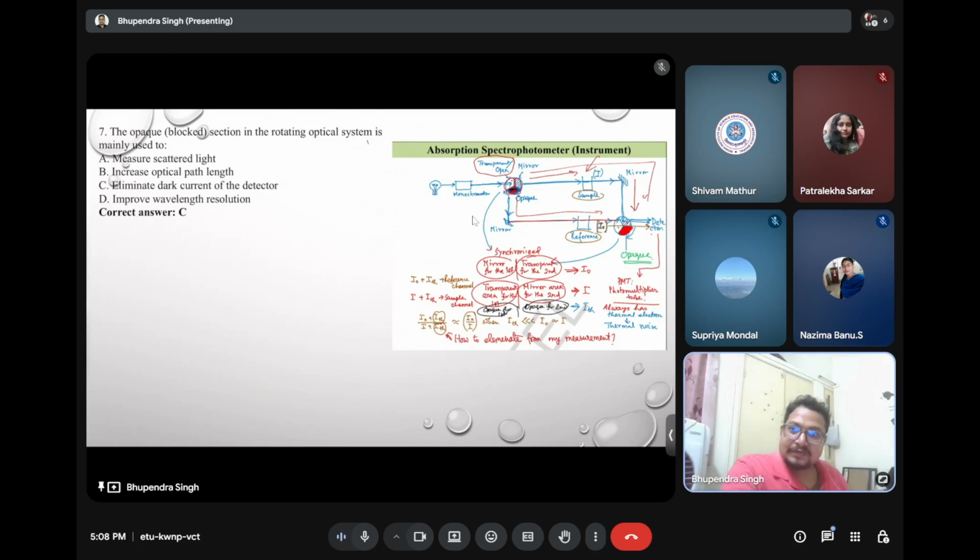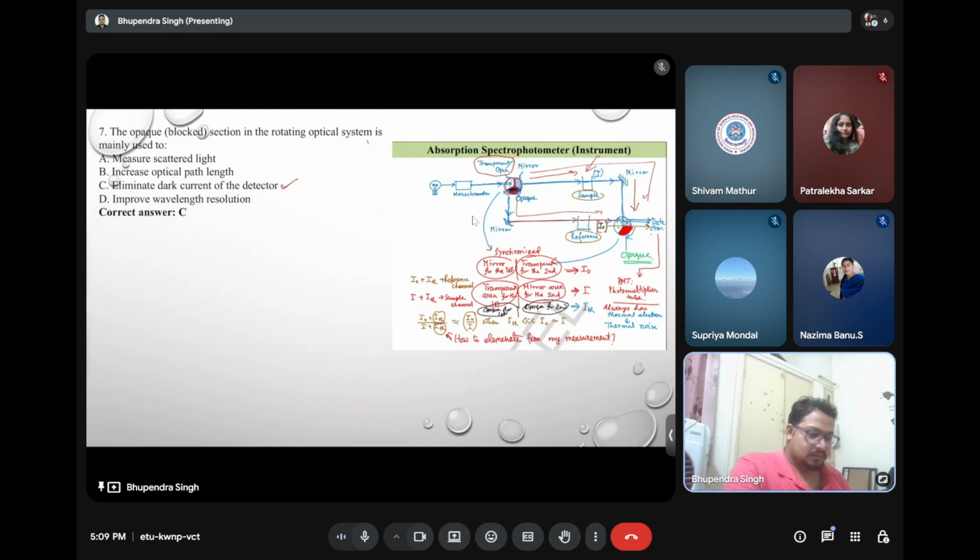So to eliminate that, we use the opaque section of the rotating optical system in this absorption spectrophotometer. Okay, so option C is correct, but as I have discussed a little bit about the thermal noise of the detector.